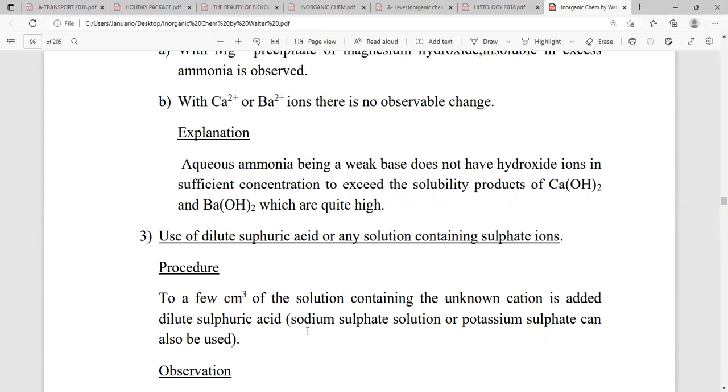That means the solubility products of calcium hydroxide and barium hydroxide are extremely high, and the ion product from aqueous ammonia cannot easily exceed those. That is why it gives no observable change.